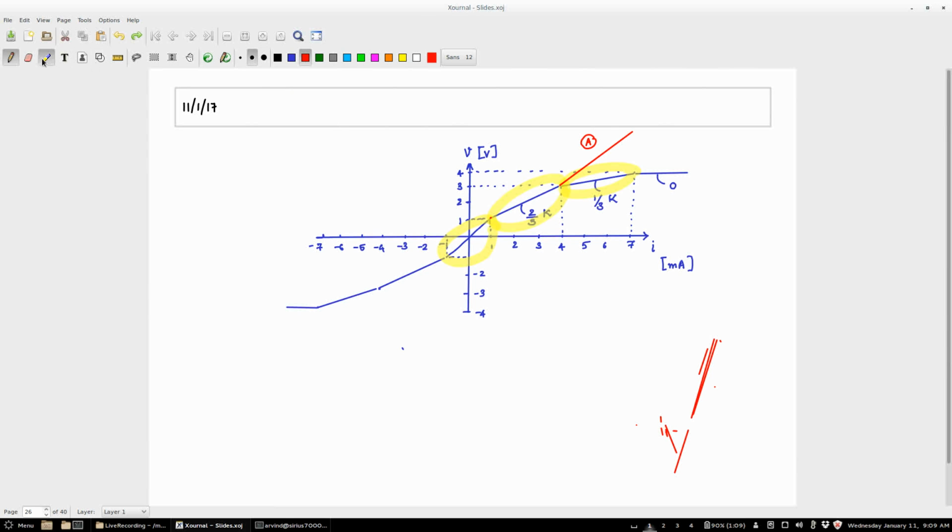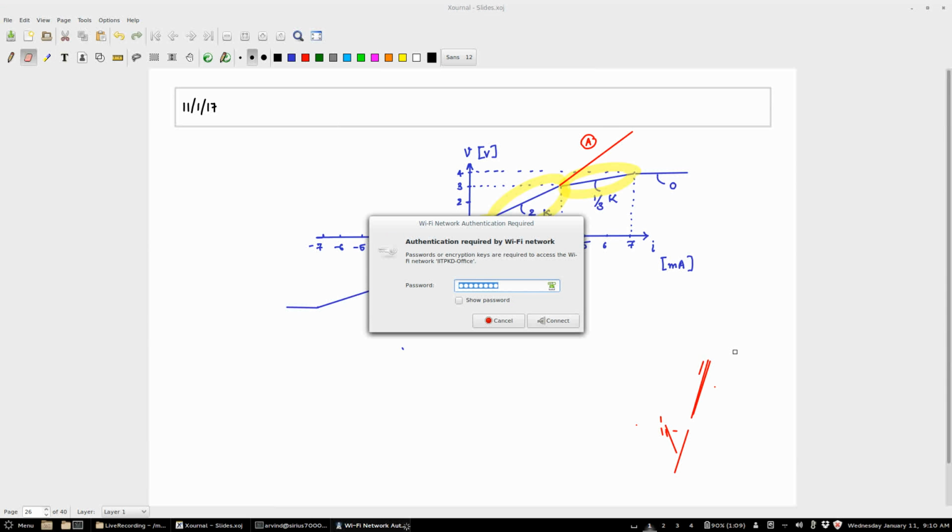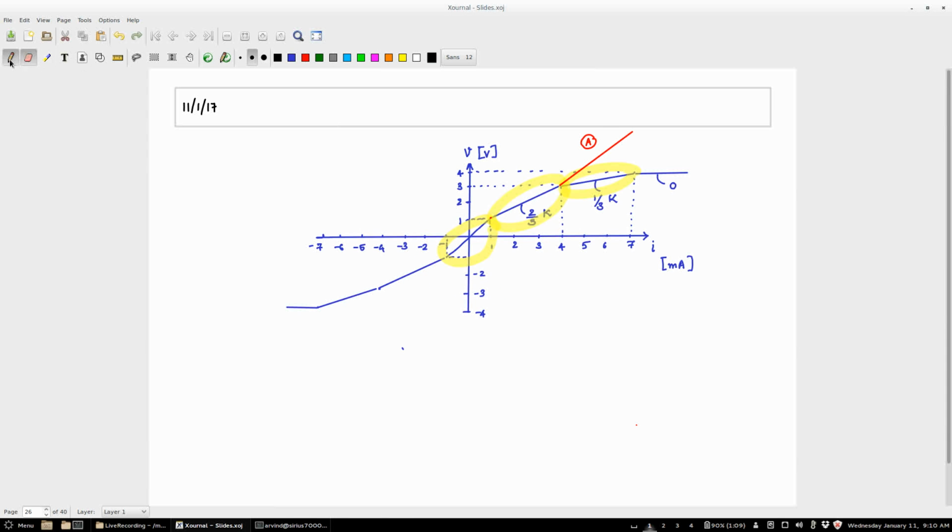So this is problem A. And then the problem which I think Prasanna alluded to is, if I want, for example, the same kind of thing, but say I want in one segment the resistance to actually be negative.